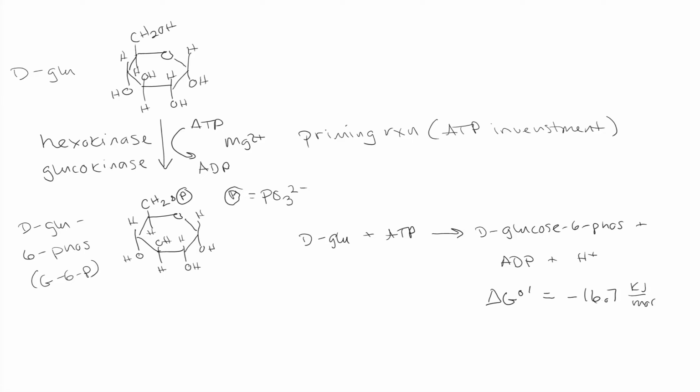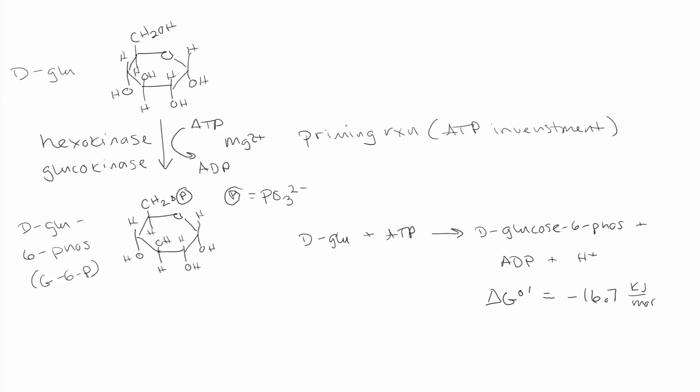Now remember, this value of 16.7 kilojoules per mole is under standard state conditions, which is under 1 molar concentrations, which isn't biologically relevant. And under those conditions, the equilibrium for this reaction is going to be very far to the right. Keq is going to be about 850.